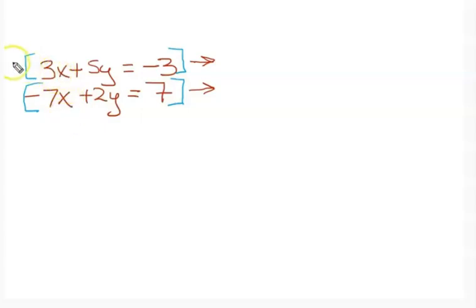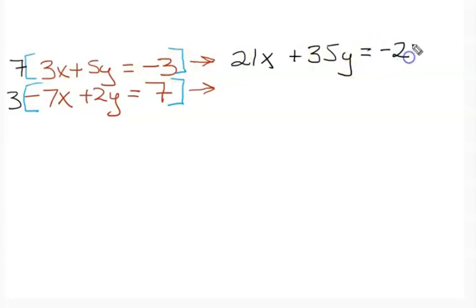And the answer is, if we multiplied this one by 7, and if we multiplied this one by 3, this would become a 21x that I'll put here. 5 times 7 is a positive 35y, and 7 times a negative 3 is a negative 21.